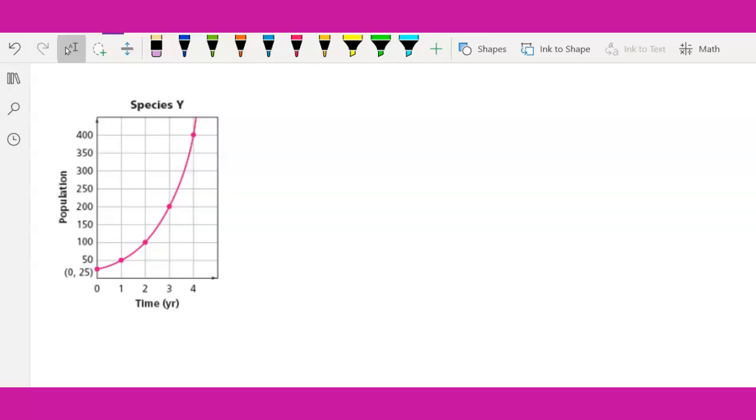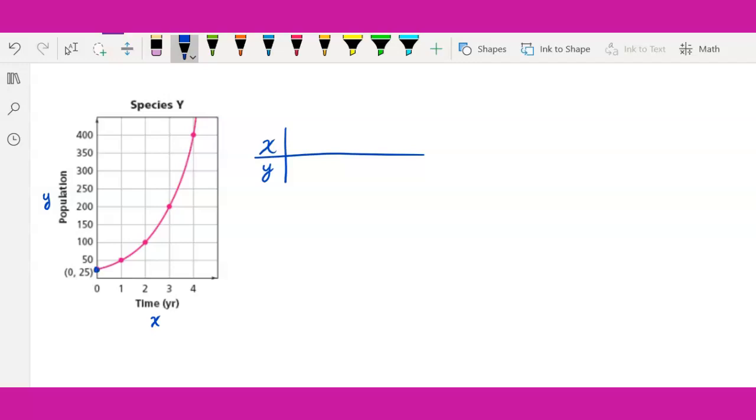Well, from the graph you can create your table of values. So you can say that population is your y value, your time in years is your x value. So you can just make a table of values here. All right, so we start from year 0.